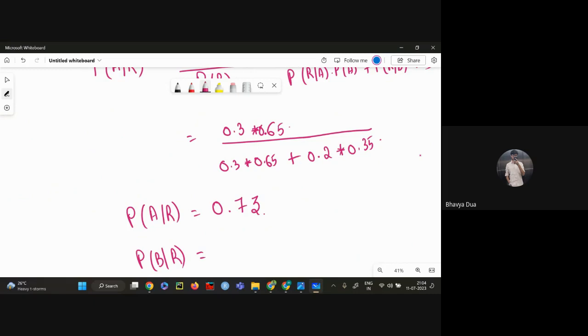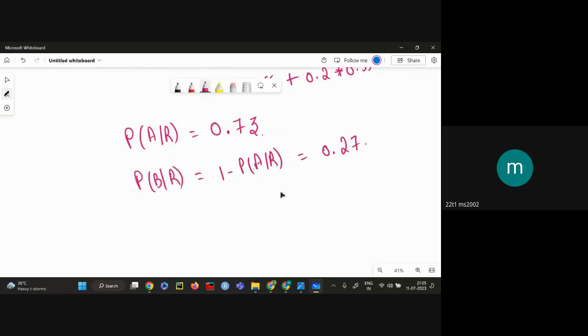It can either be rejected from A or it can be rejected from B, correct? Let's not complicate it. You can always do 1 minus the probability of A given R. If the rejection can happen only from the two things, so that will be 0.27.